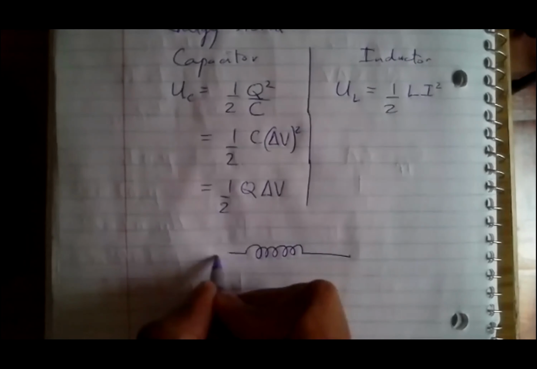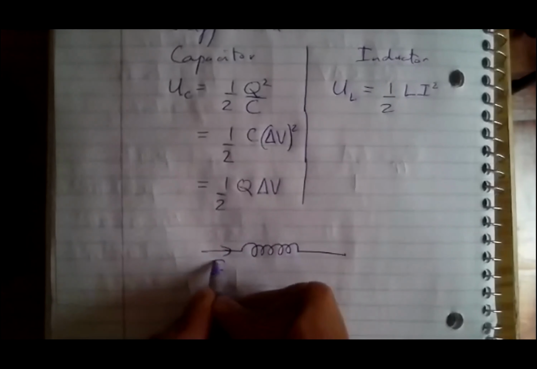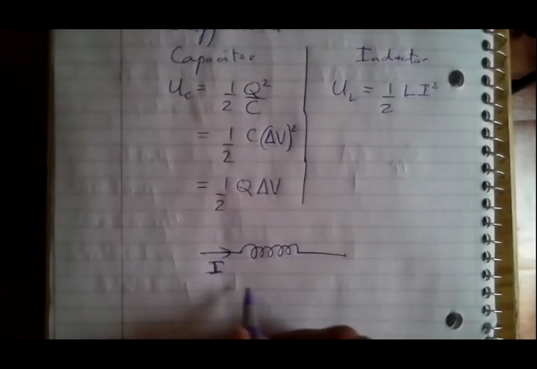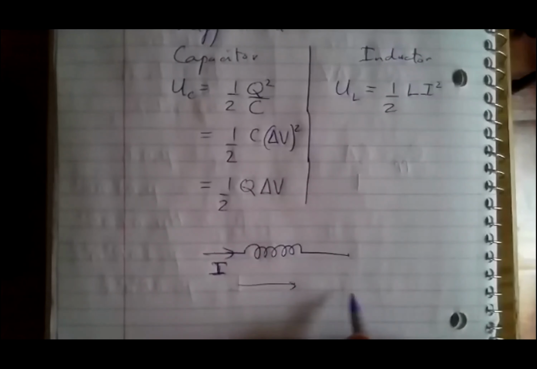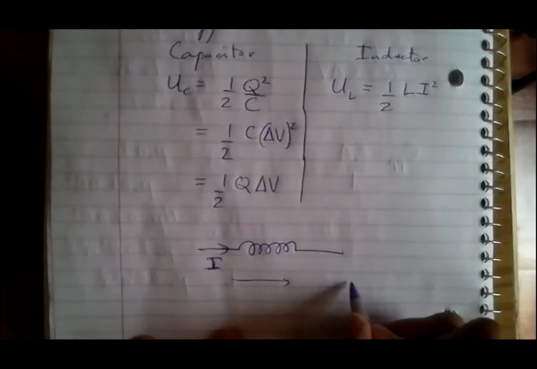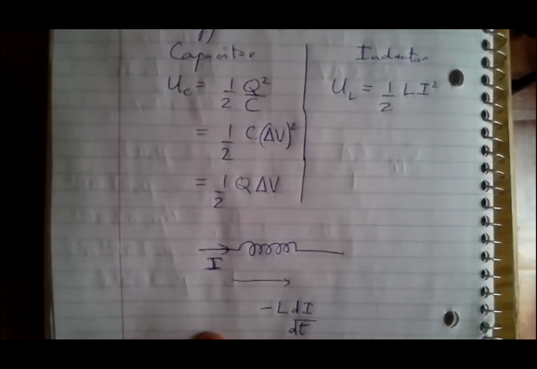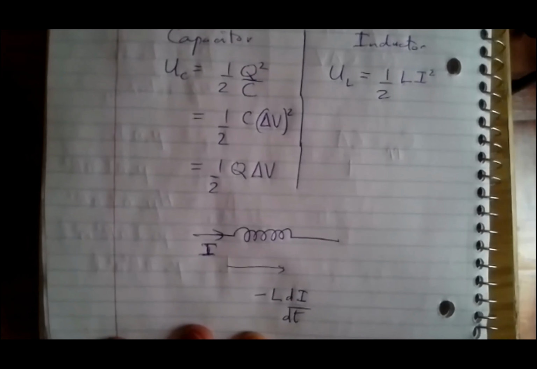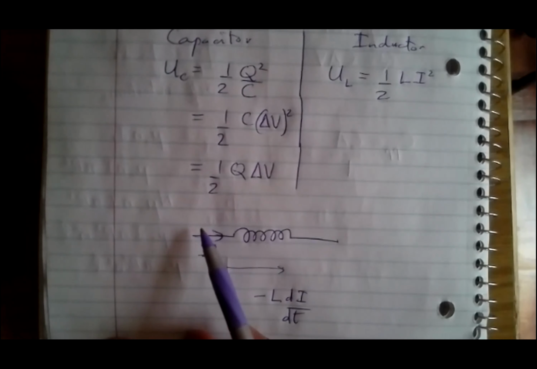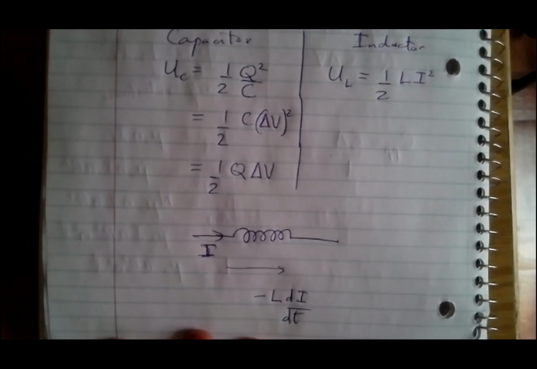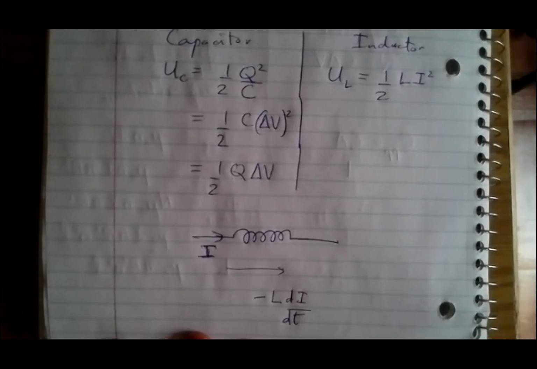And so the idea is that if you have a current flowing through an inductor, and you cross the inductor with the current, then the term that you add is minus L di over dt. If you cross an inductor going against the current, then it will be plus L di over dt. So in that way, it's a little like a resistor in that it depends upon whether you're going with the current or against the current when you cross.